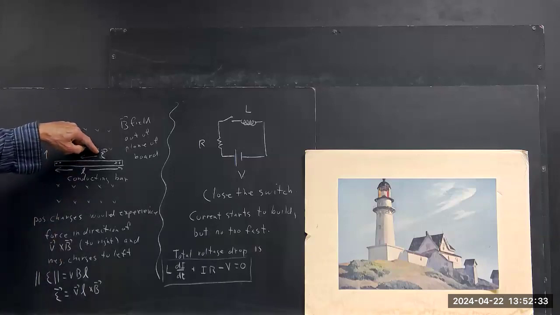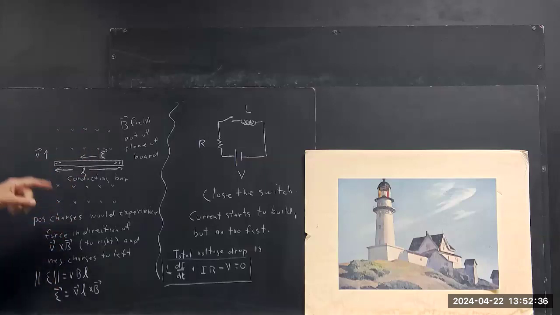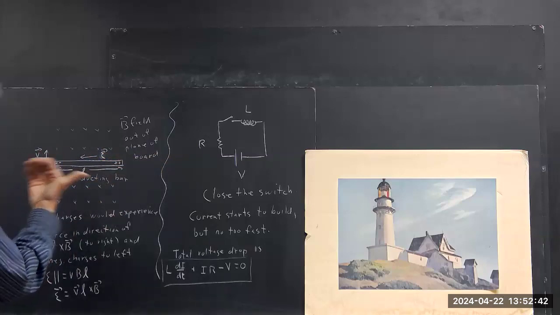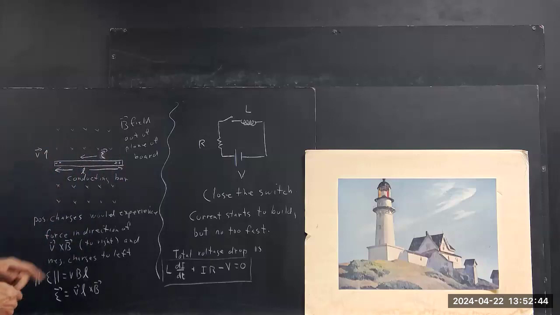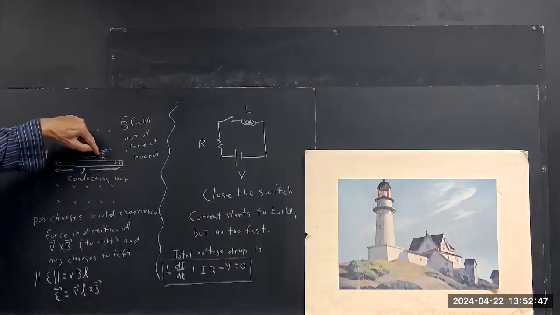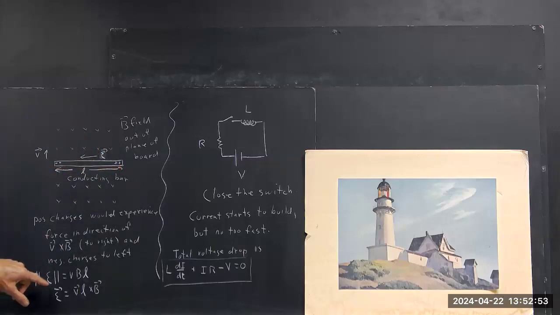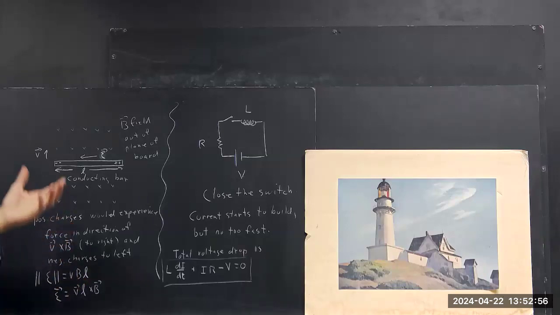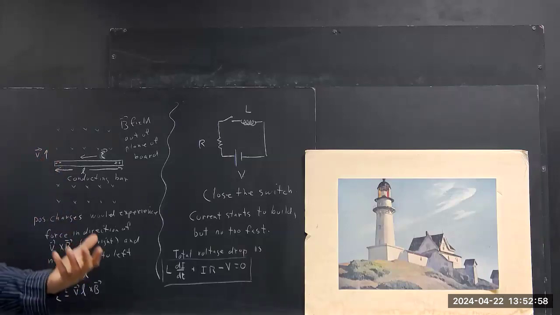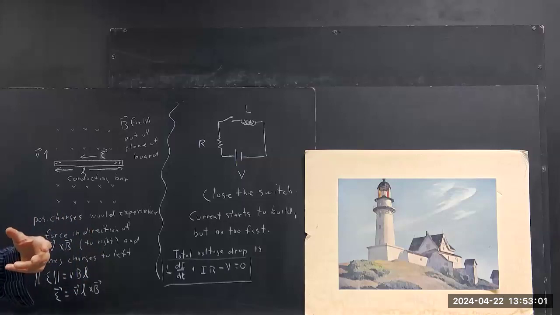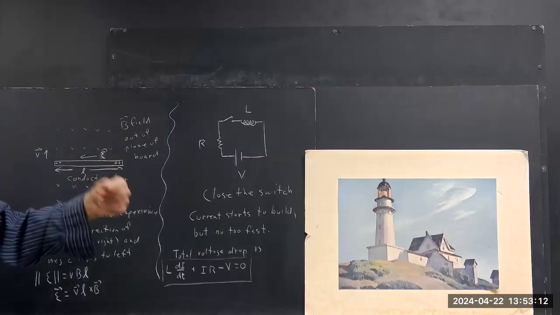Positive charges are moved in this direction because of v cross B, and negative charges in this direction. So you've got an electric field, a kind of script E. The magnitude of that is vBL. It just comes from qv cross B, or IL cross B. Okay.